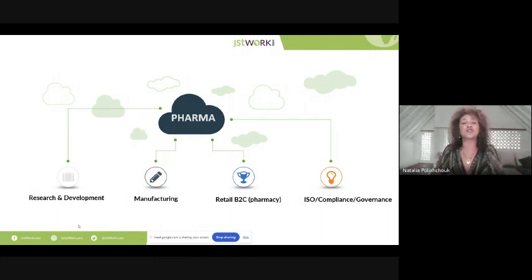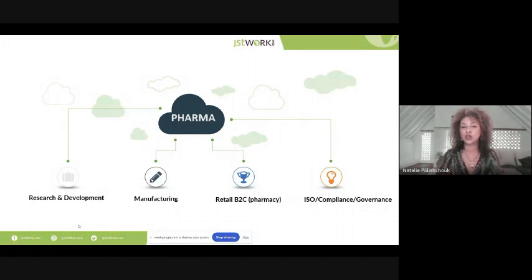And then you have those that retail the medications. This could be pharmacies, it could be in hospitals, pharmacies, anywhere where we can actually access the medication. And then around pharma, we have a huge amount of compliance, governance. You can't just put any medicine on the shelf. It has to go through very rigorous processes, etc.